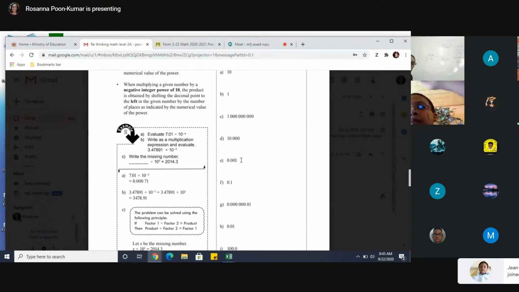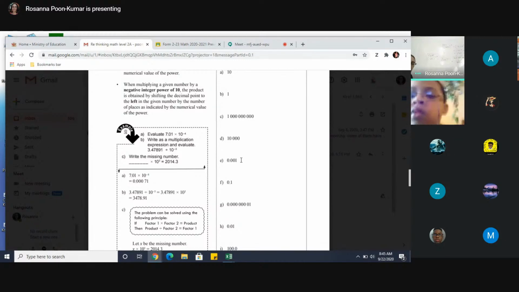Negative what? Yes, negative. 10 to the power of negative 3. This is 1E on page 2, whatever, any textbook. Page 232.